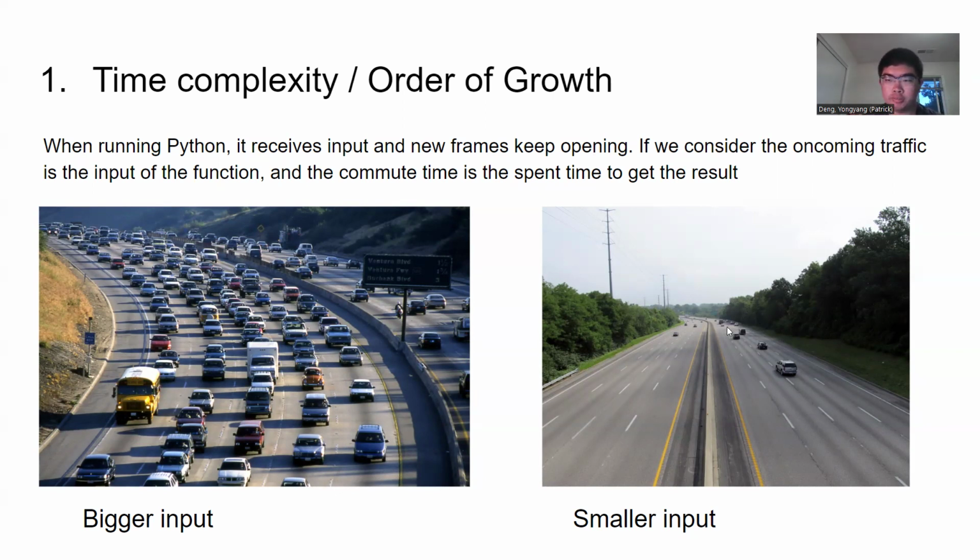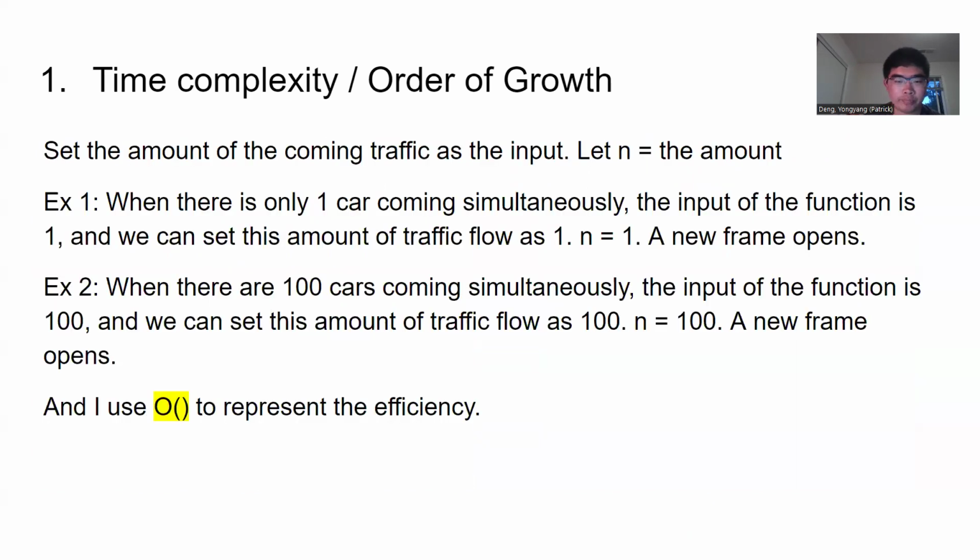So what kinds of time complexity do we have? As the input grows, the time may grow very dramatically, or it may grow only a little, and these situations are what we call different kinds of time complexity. We're going to introduce the types of time complexity.